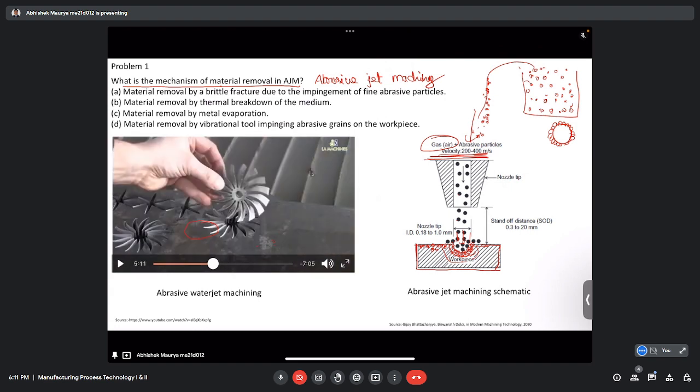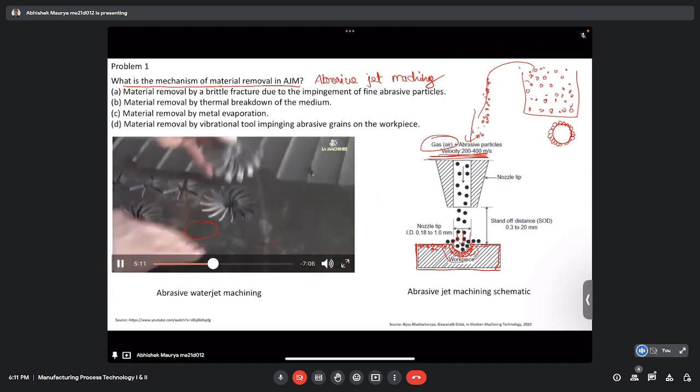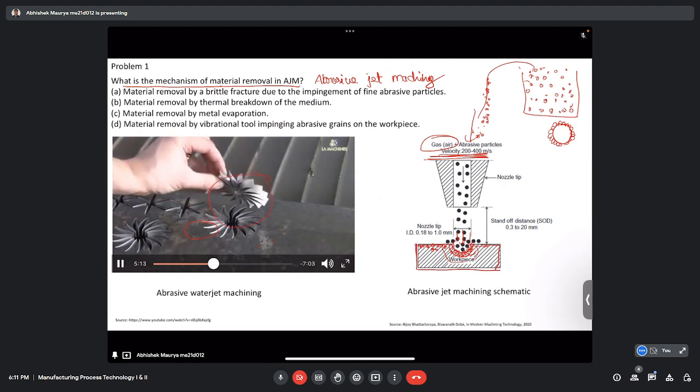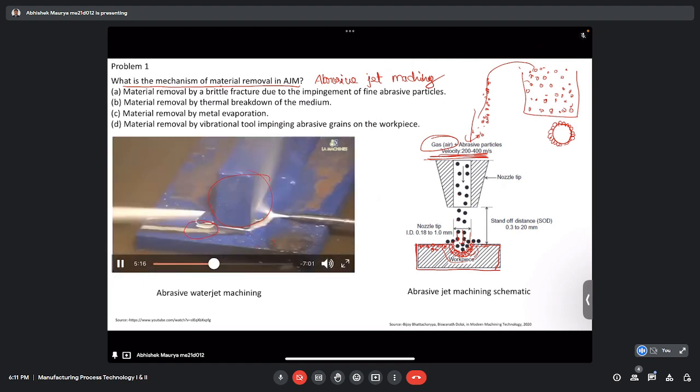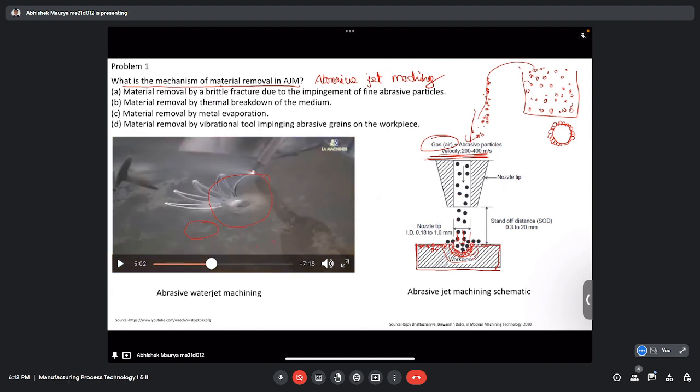So you can see this type of shape we can easily make. And now this is the final product. We don't have to go for any kind of secondary machining. So the advantage is we can machine difficult-to-machine material, and we can create difficult contours, and the surface finish is also good, so that we don't have to go for any secondary machining.